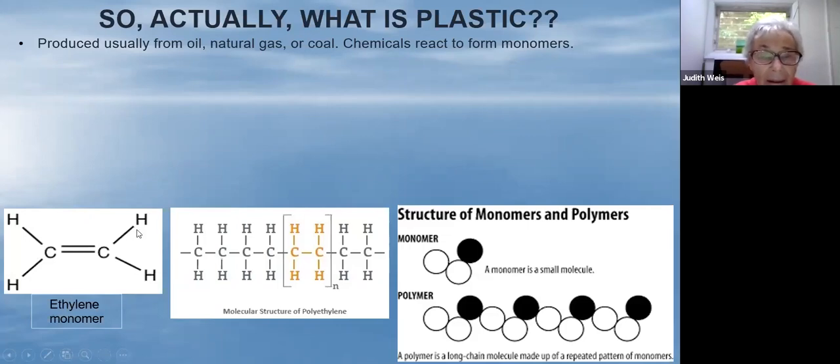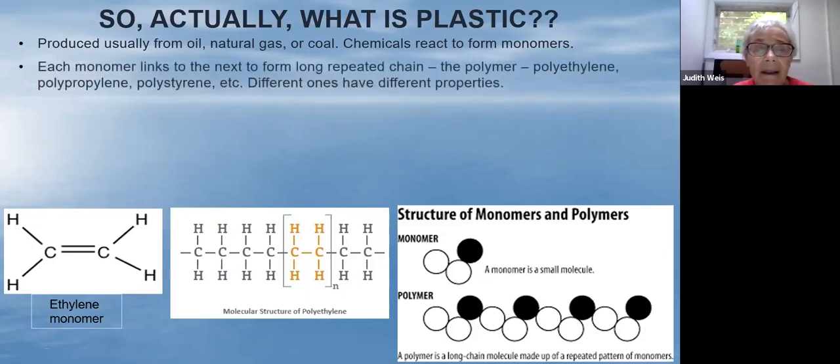You take all these ethylenes and string them together, which makes what's called a polymer. You can see the same general thing over here. That's a monomer, but then you string them all together and you have a polymer. So each links to the next, you get a long repeated chain.